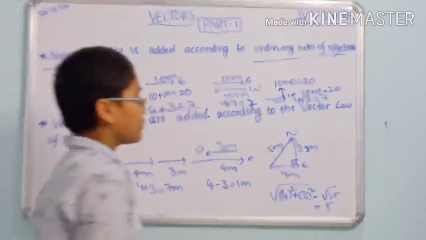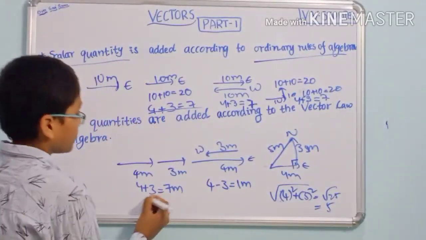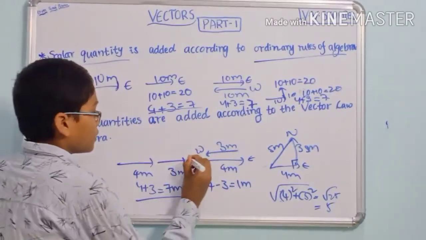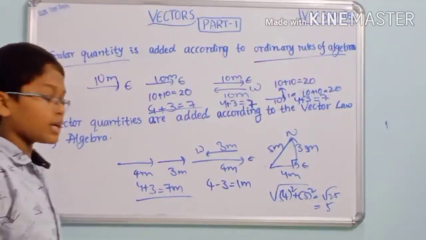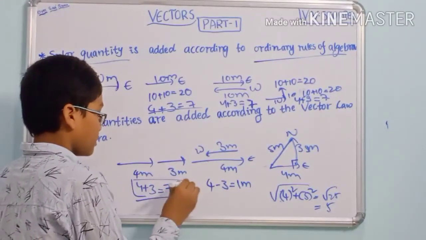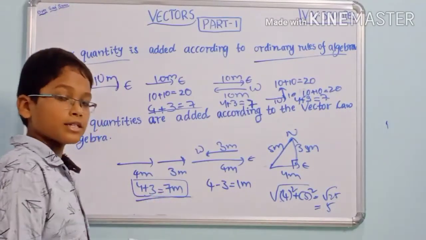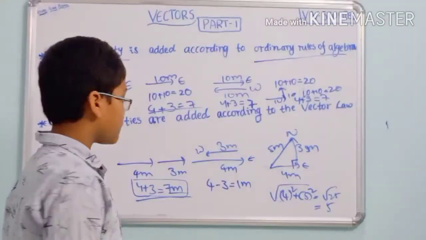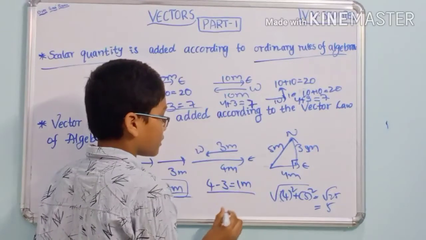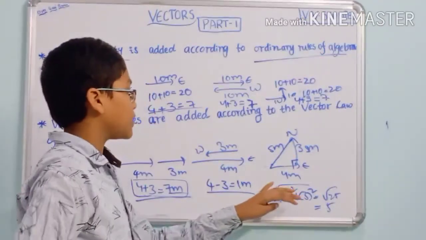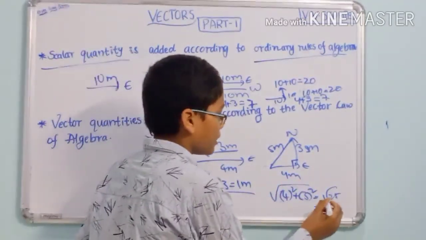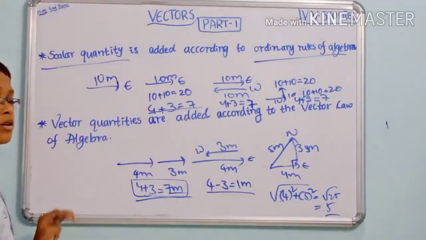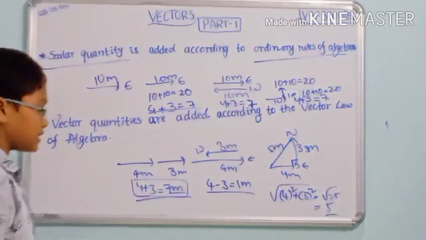Yes. Here, when both displacements are in the same direction, then 7 meters is the displacement. When the directions differ, it is 1 meter. Here also different, again different: 5 meters. Why is it constant everywhere for scalars, but changing here?